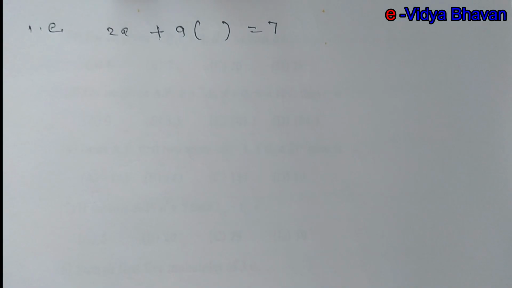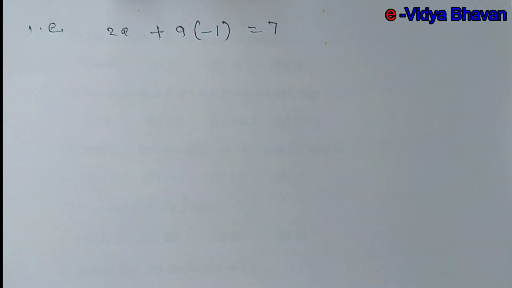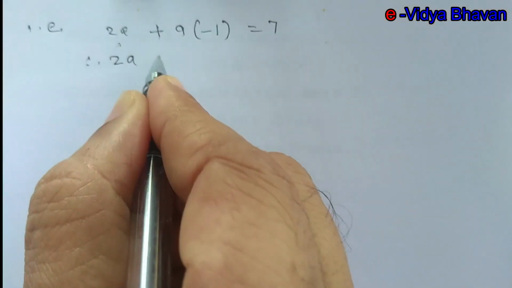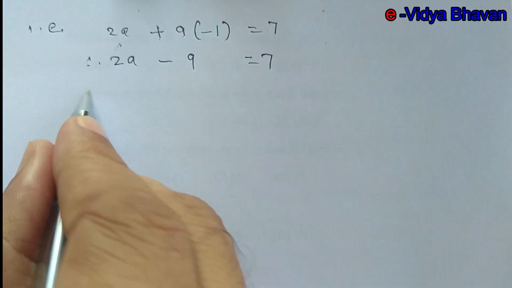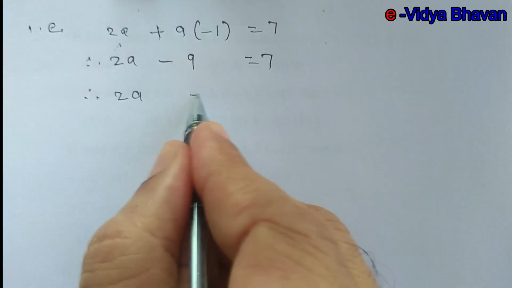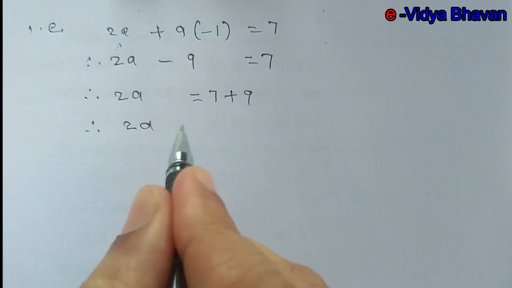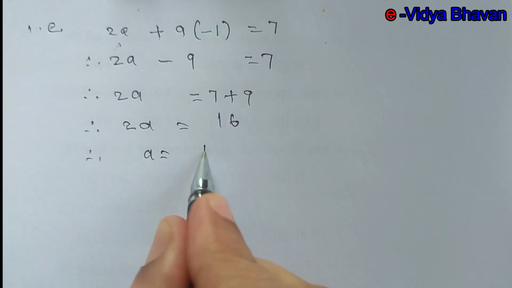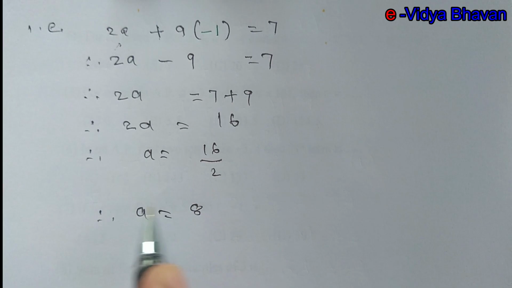We substitute the value of d here, minus 1. So 2a, therefore 2a minus 9 is equal to 7. Therefore 2a is equal to 7 plus 9. Therefore 2a is equal to 16. Therefore a is equal to 16 upon 2. Therefore a is equal to 8.